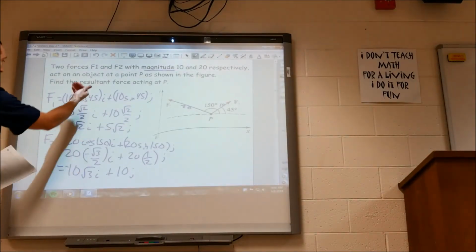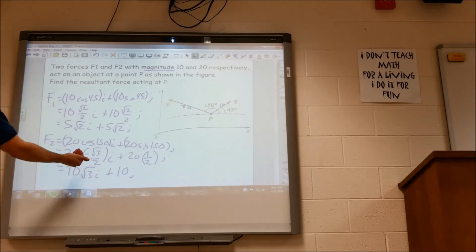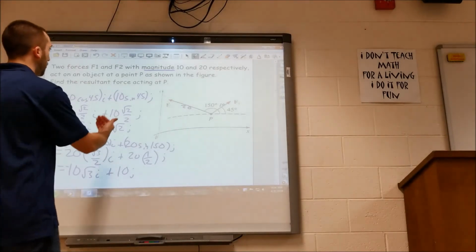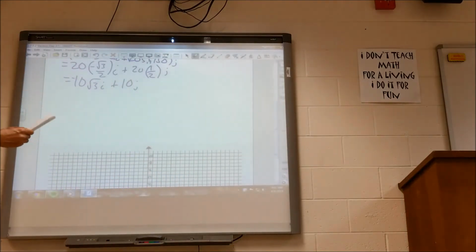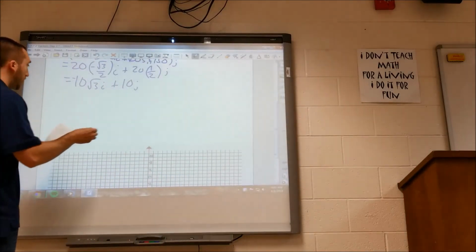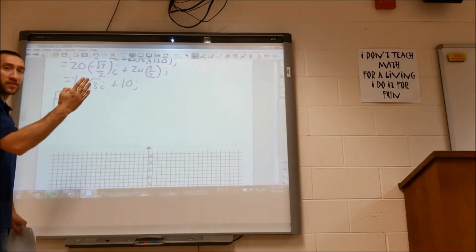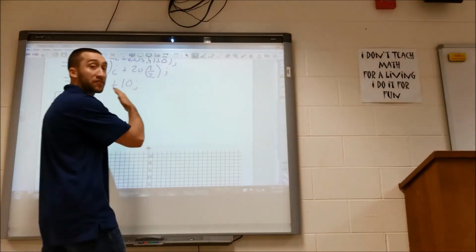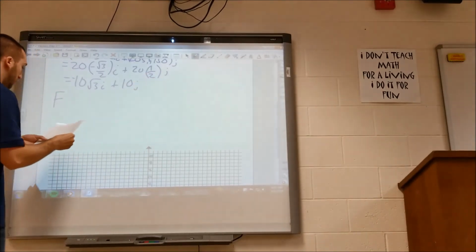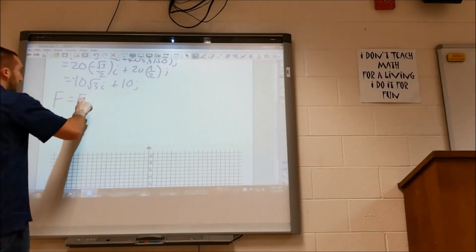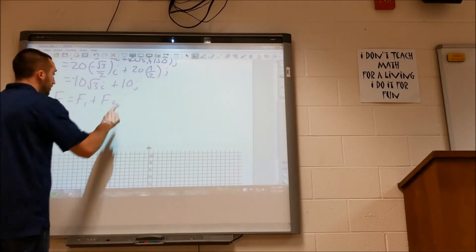Once we have found those two components, we can go ahead and figure out the resultant force. So where is this vector going to be after those two forces are acting on it? I take F1 plus F2.